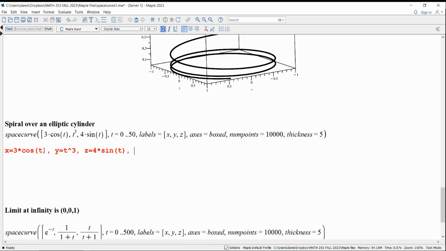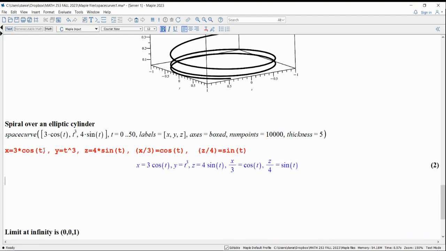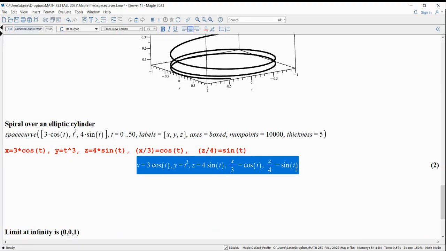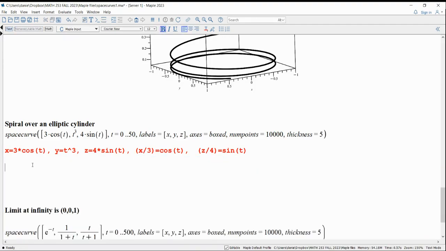That tells me that x over 3 is equal to cosine of t, and z over 4 is equal to sine of t. Then if I square both sides, I get x squared over 9 plus z squared over 16 equals 1, which is an ellipse.